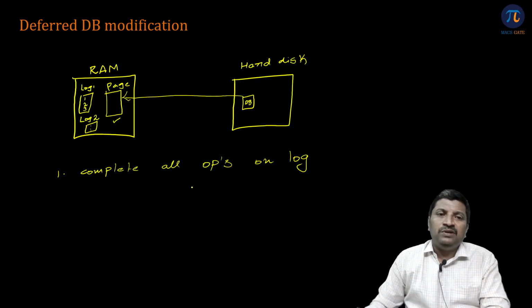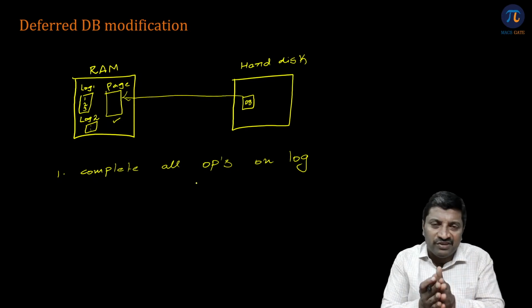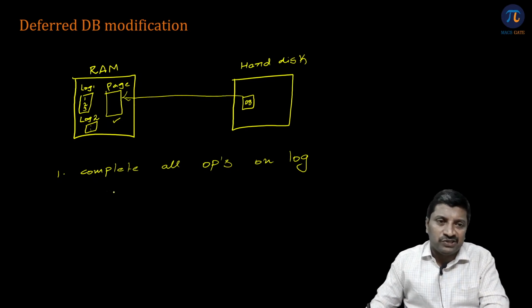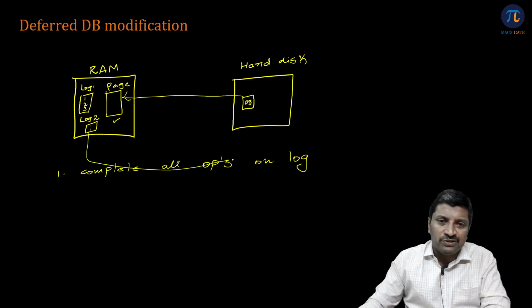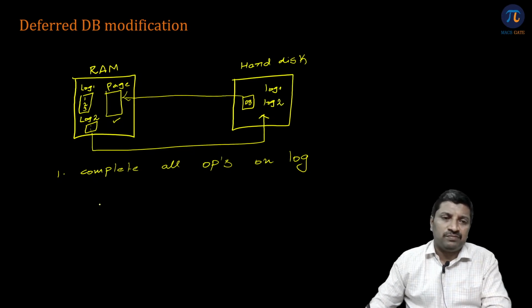That is the first step. So when you are able to complete all the operations, you will get some confidence: yes, I can complete this transaction. Then the second step is to save these log files in the hard disk.